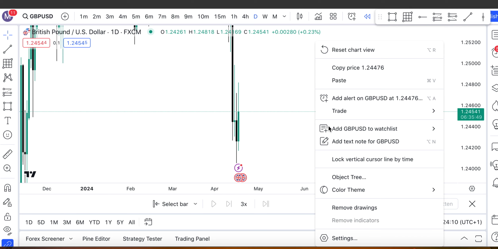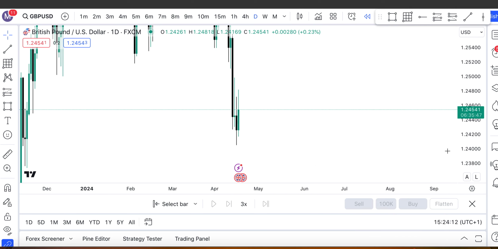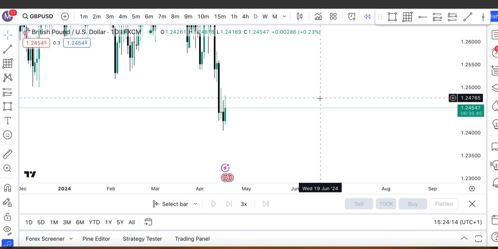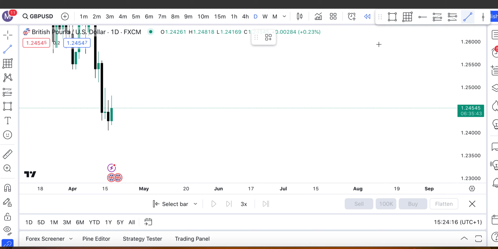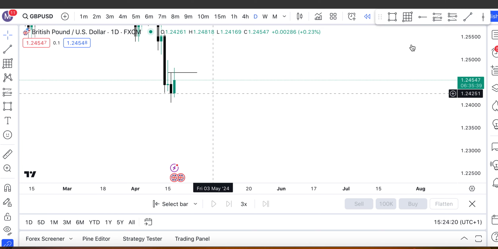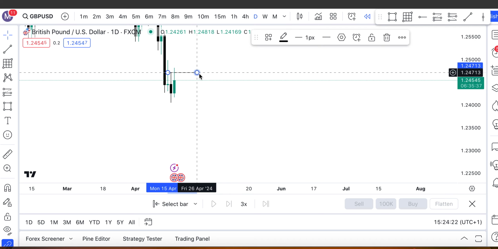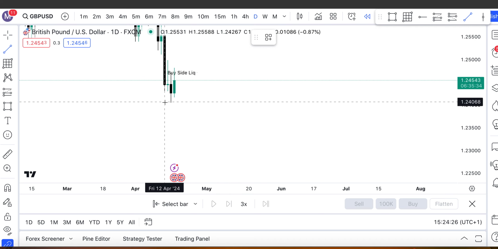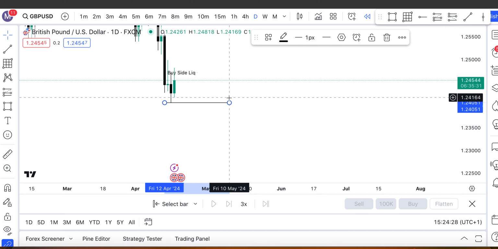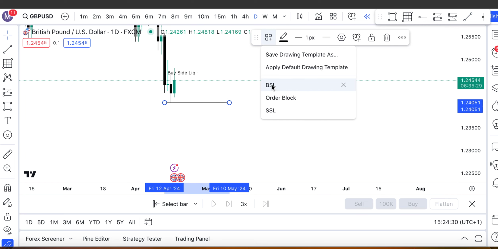And also, going back to the previous day's high and low, in that example we had marked up, we have a high, which is buy side liquidity, let me mark that. Then we also have our low, which is sell side.